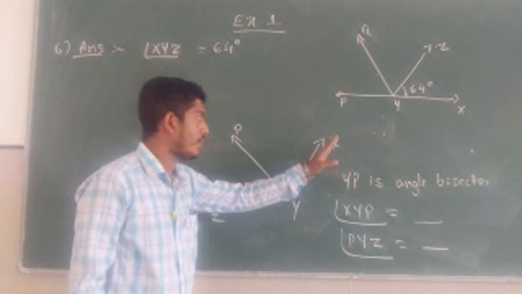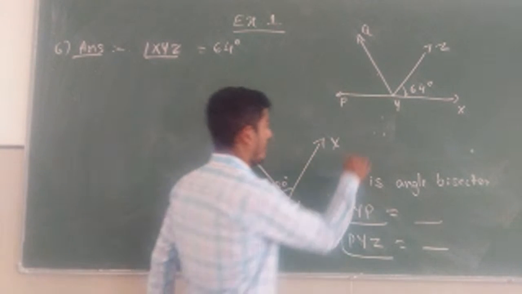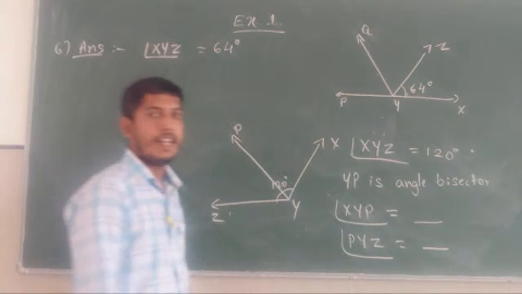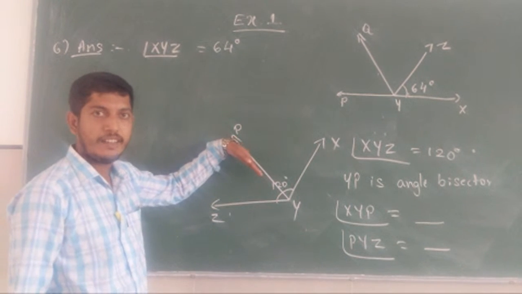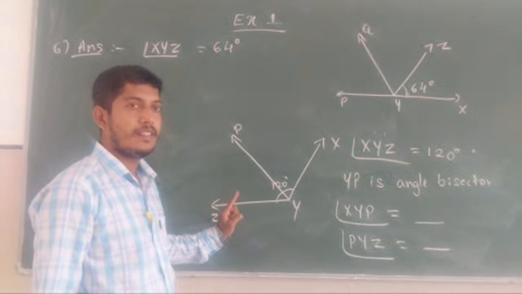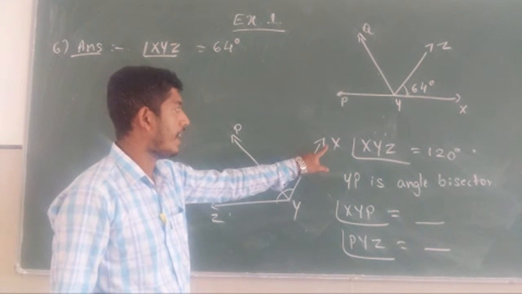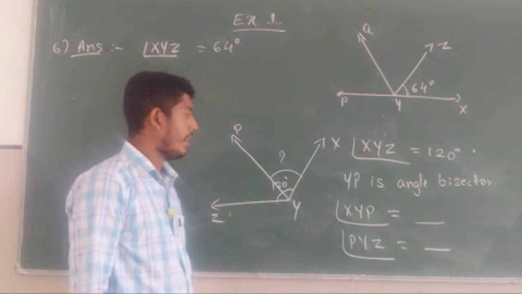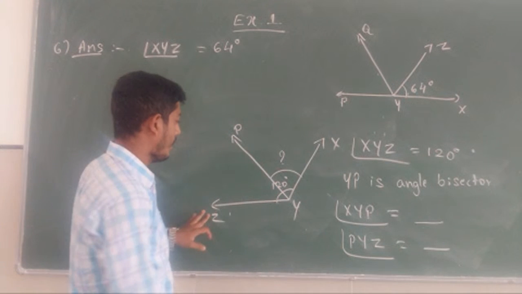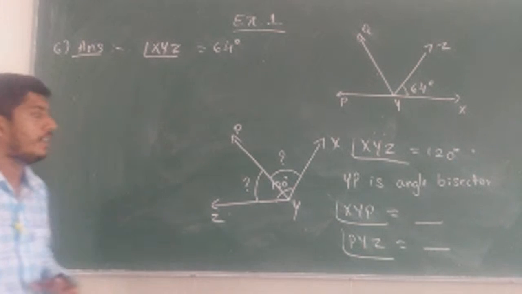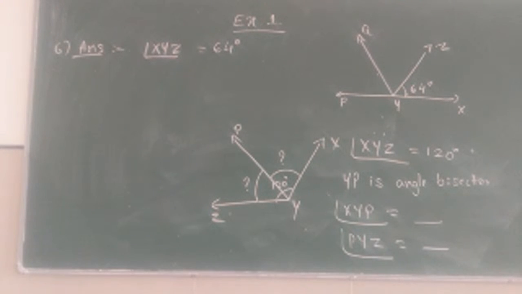So given that angle XYZ equals 120 degree and YP is an angle bisector, you have to find angle XYP first and next PYZ, not Q. You have to find out these two angles.